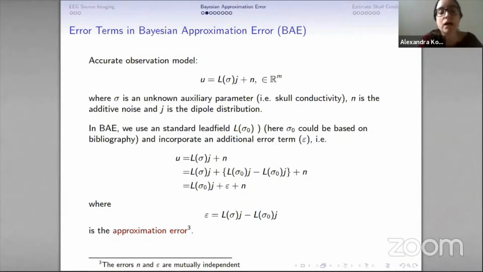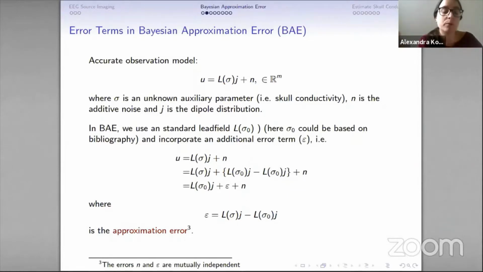So in the Bayesian approximation, we modify this, and our model is slightly different. Basically, we substitute the true lead field with a standard lead field that has this sigma 0.